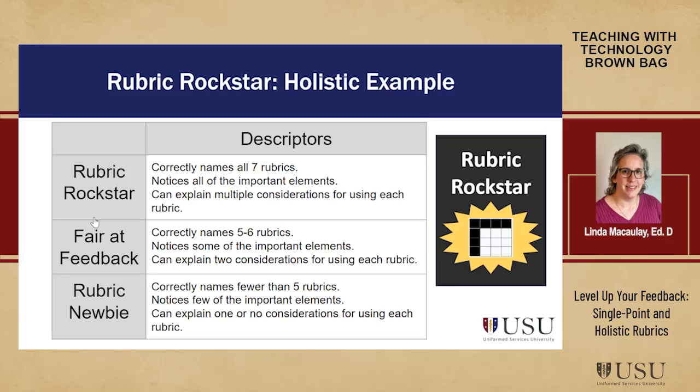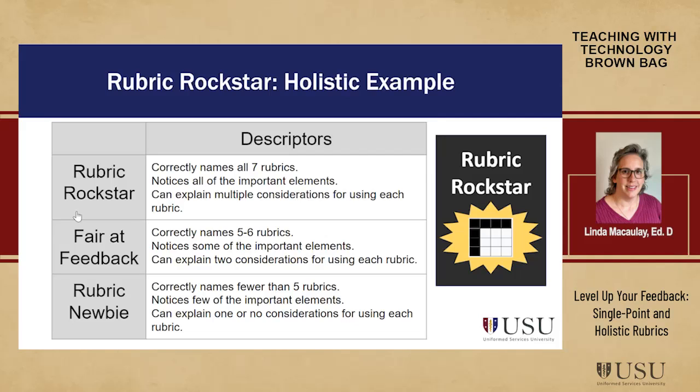But now the descriptors include everything that you need to do to be a rubric Rockstar in one box. So in order to get that highest rating, you'd have to do all the things in that descriptor box. So it's one score, one letter, one number, one description, and that's it.